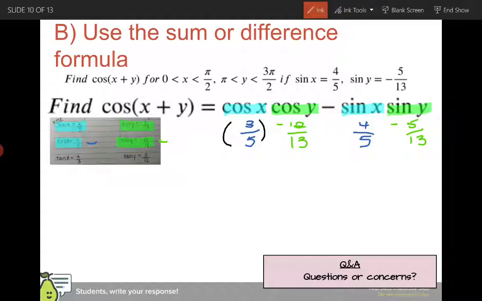From here on out, it's just algebra. We multiply and then subtract the products. Again, because it was addition, our formula is subtraction. It's always the opposite.